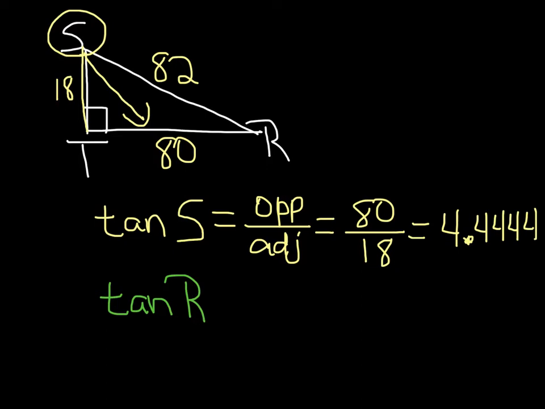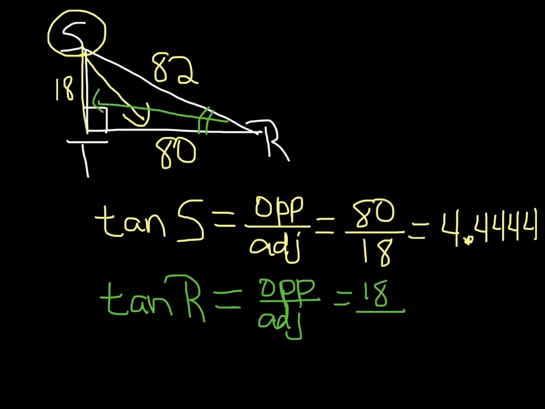We can also come from the other angle here, which is angle R. So again, if we want the tangent of R, we're going to go what is opposite of R over what is adjacent to R. The side that is opposite of R is 18, and the side that is adjacent to R is 80.